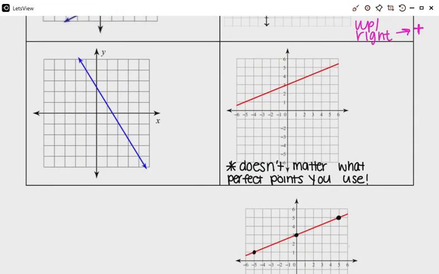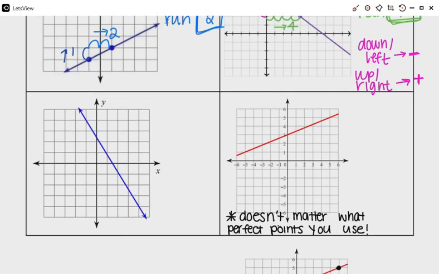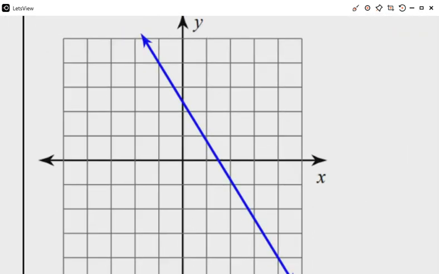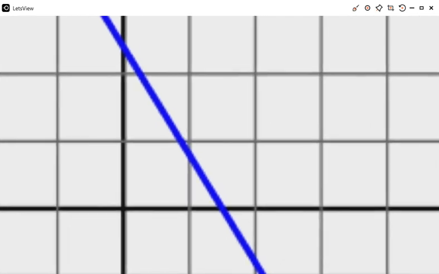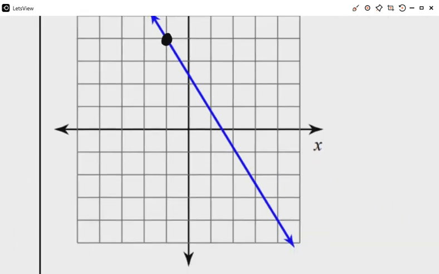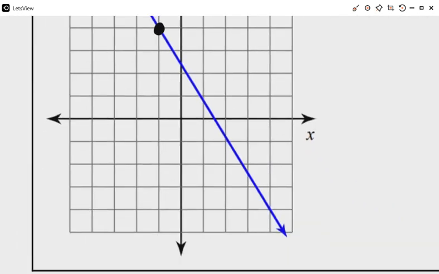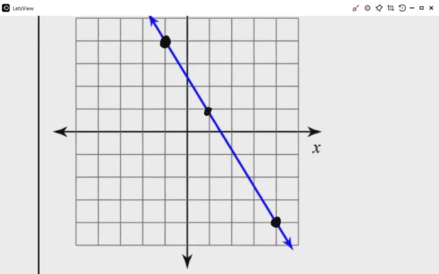Let's look at 2 more, because this stuff's not too bad. This one, we are not given our points, so we need to find our perfect points. So we have 1 here, and if you're really careful, you can see that that's not a perfect point. However, if you were to put your point here, you can go along and see that you don't have any other perfect points until you get here. Something really, really important to note.